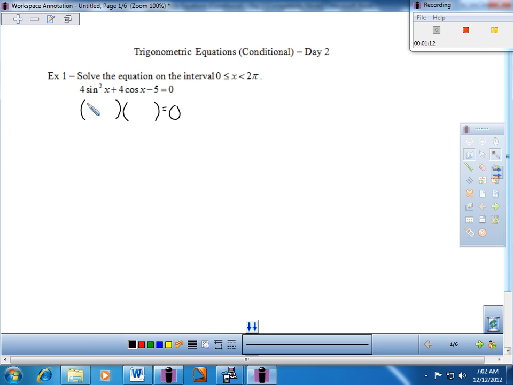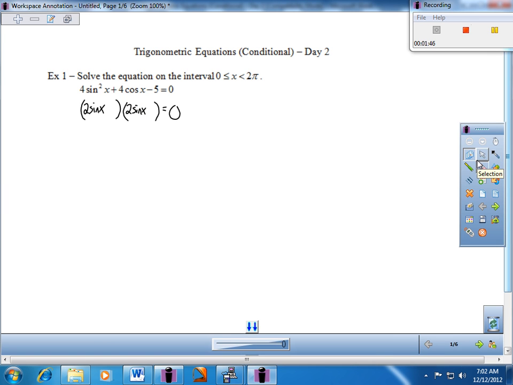So if I was to try to factor this to get 4 sine squared of x, my outsides and insides would combine to a sine of x, not a cosine of x. And so I would argue that the way it is right now is probably not going to work out for us in terms of factoring.